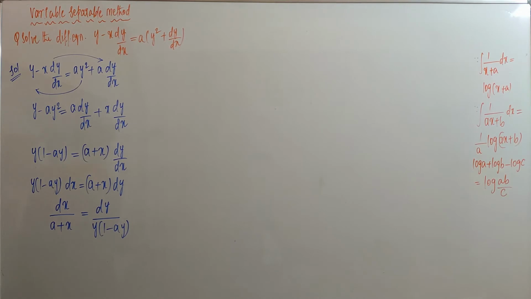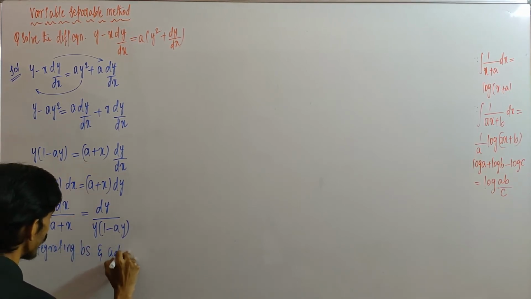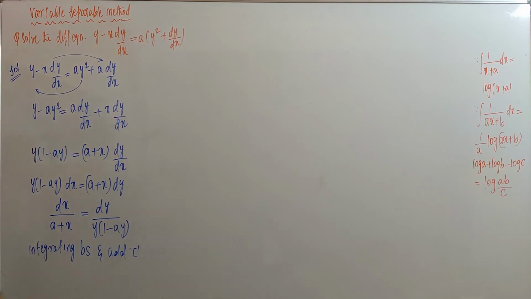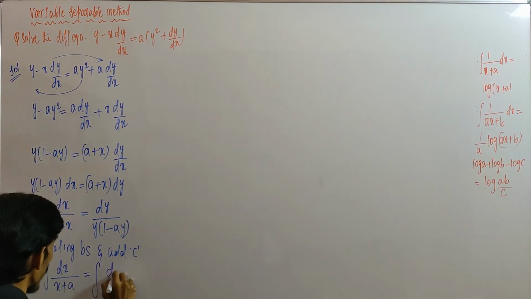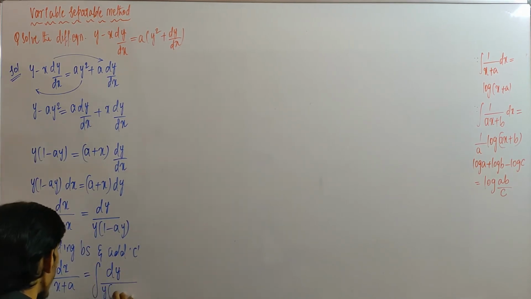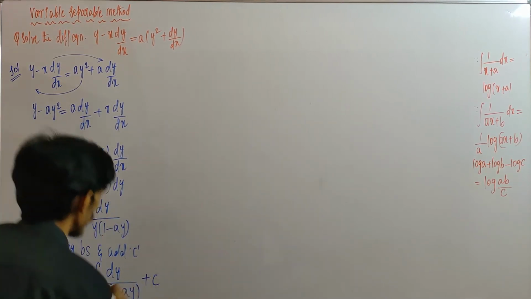Next step is integrating both sides and adding constant c. So this becomes integration dx upon a plus x, which can be written as x plus a, equals integration dy upon y into 1 minus a y, plus c.